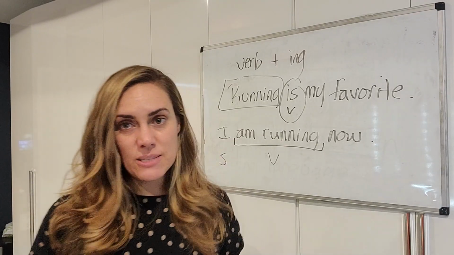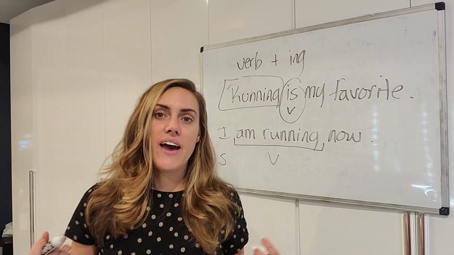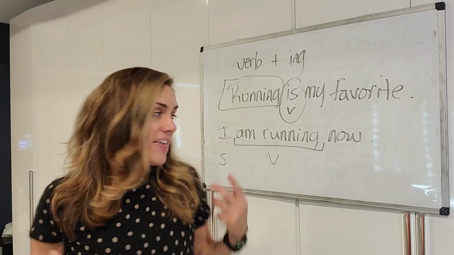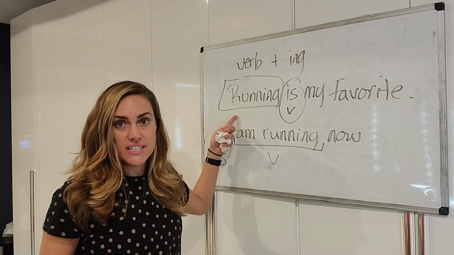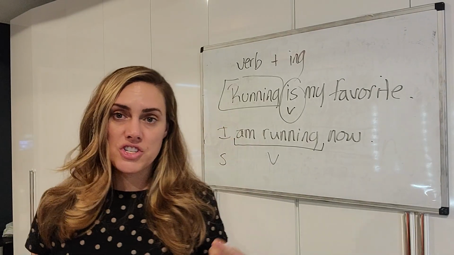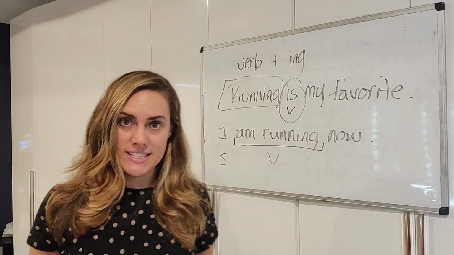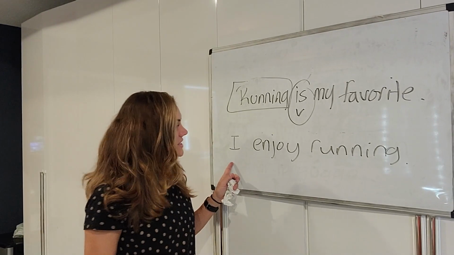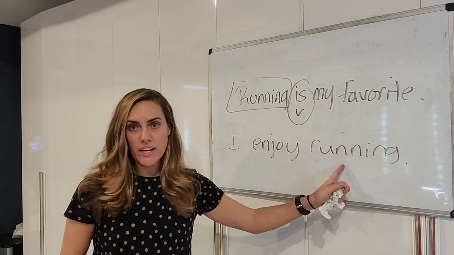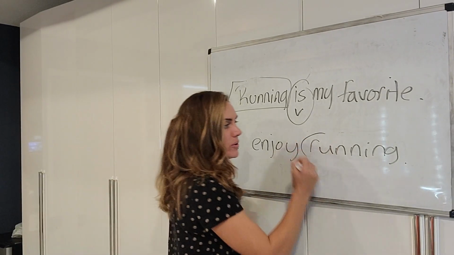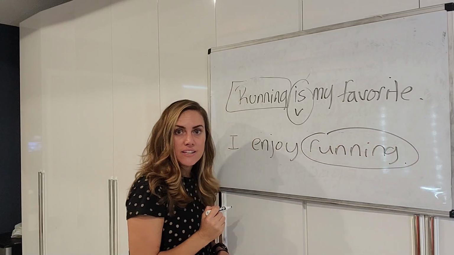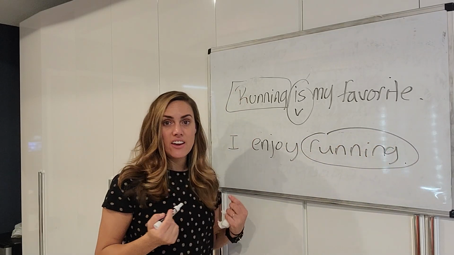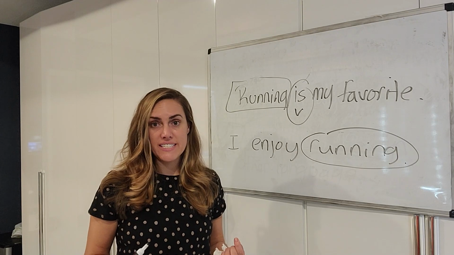Okay, next part I want to say is that gerunds, they can be the subject of a sentence, but they can also function as an object in a sentence. So like this. In this sentence down here that I wrote, you can see it says, I enjoy running. So the gerund now is way over here at the end of the sentence. It comes in the object position of the sentence.